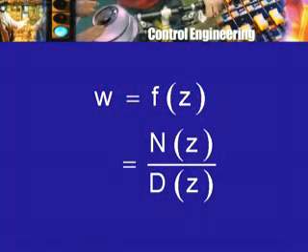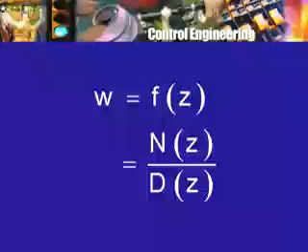One of them may be a constant, as we saw earlier. We can therefore talk about the zeros of this function, namely they are the roots or solutions of n(z) equal to 0. We can talk about the poles of the function. They are the roots of the equation d(z) equal to 0. So in general, this rational function will have a number of zeros and a number of poles.